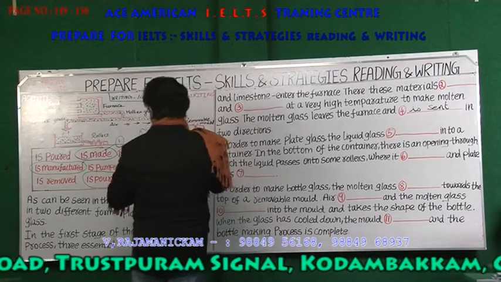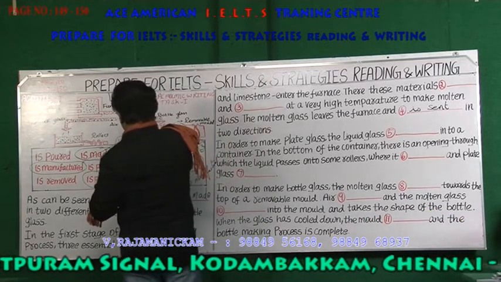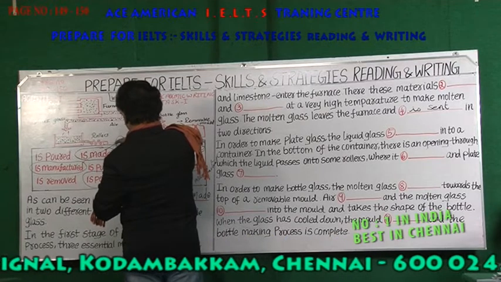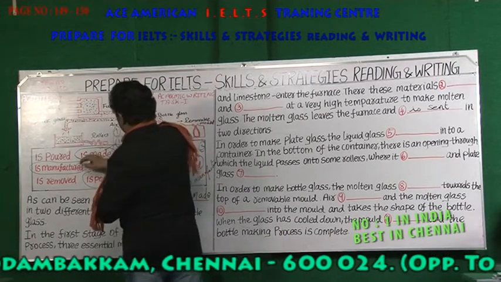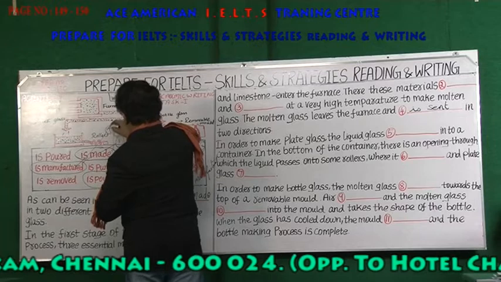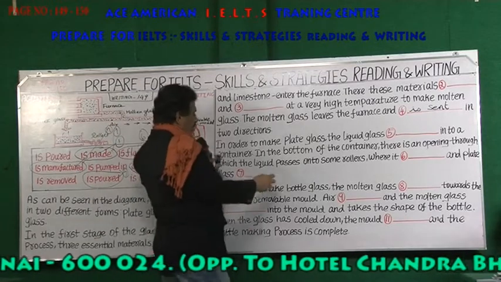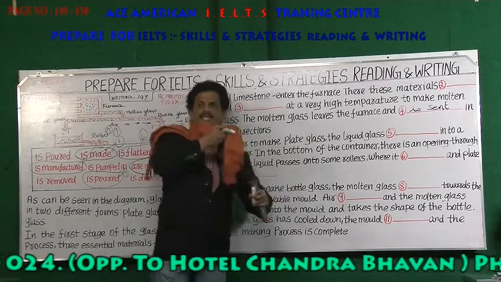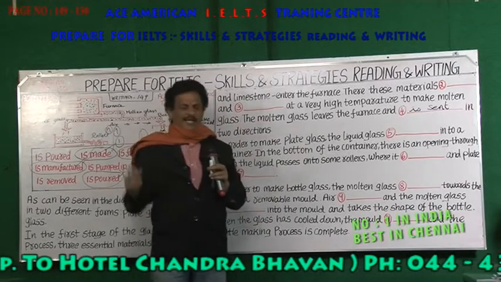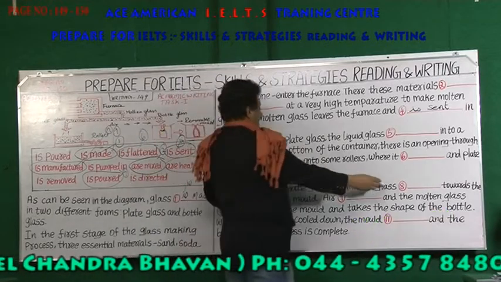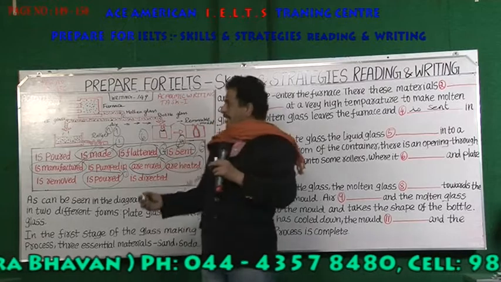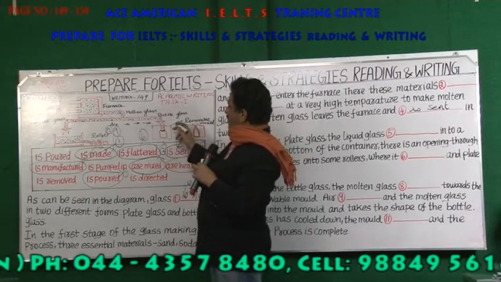So this is number 7. It comes for both 7. Next, in order to make bottle glass, now we have finished plate glass, now we are going in for bottle glass. The molten glass, 8. See, this is bottle glass manufacturing.